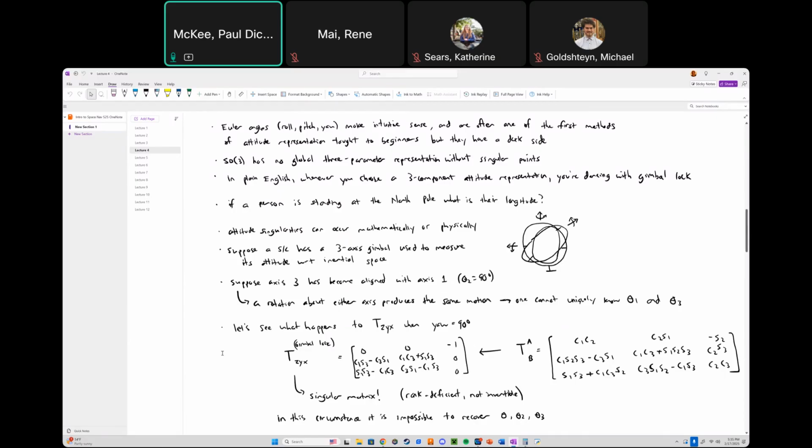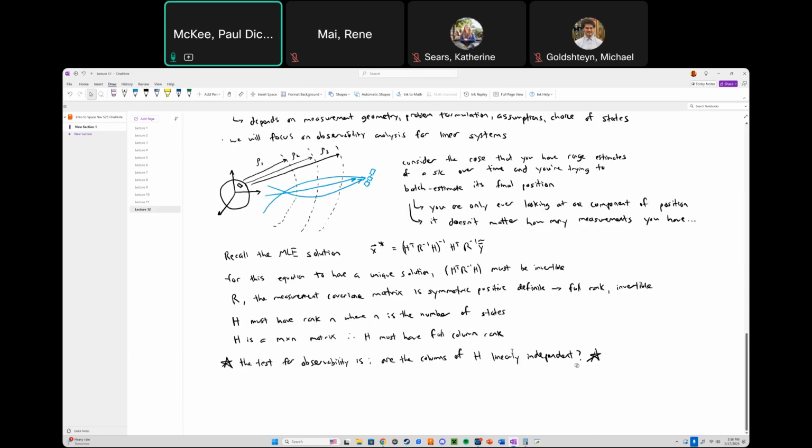It's rank deficient. And in this case, it's not so much that you can't determine your Euler angles, it's that an infinite number of Euler angles would still get you to that same point. So you can't uniquely determine your Euler angles, right? So this should sound familiar. If your matrix loses rank, which is the same thing as if physically your gimbal is aligned such that you've lost information along one axis, then you have an unobservable problem.